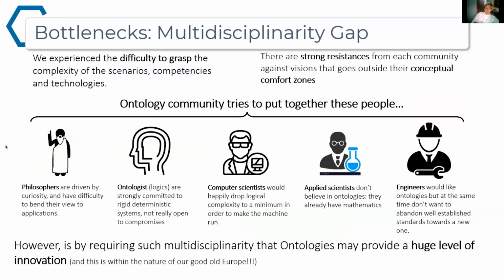So as you can see, this approach requires multidisciplinary competencies that should be used in an interdisciplinary activity in order to give life to this approach and to generate innovation. This is the most difficult aspect that we dealt with.